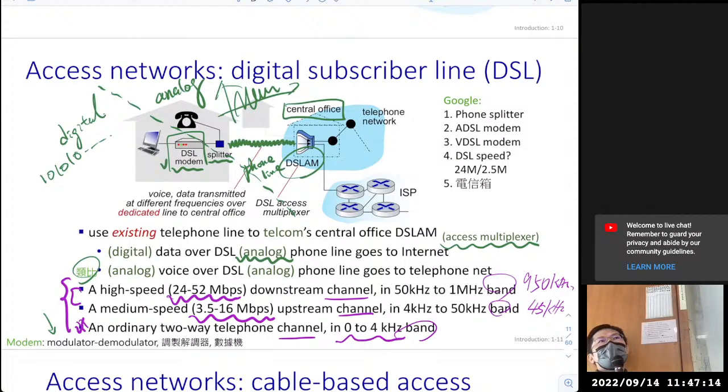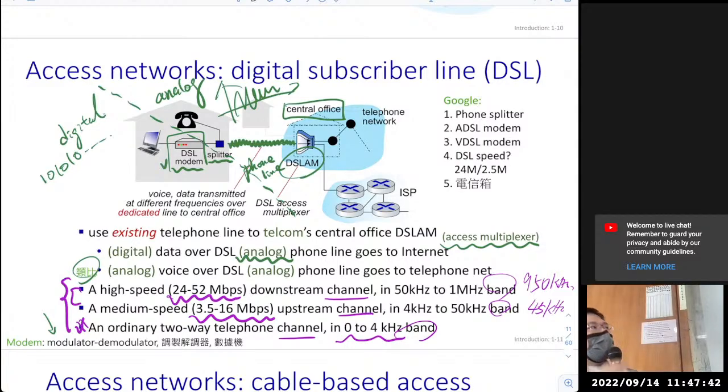The reason why we need two different sizes of band is that by nature, at home, we have more resource requests to pull information from internet to our home. 在天生上，我们就是下载东西比较多嘛，我们要把东西pull回来到我们家里，下载东西量会比较大。So we need a bigger size.